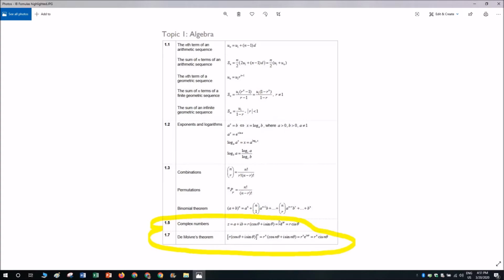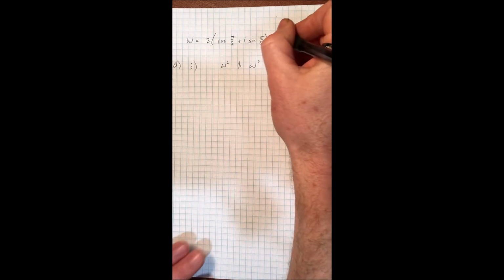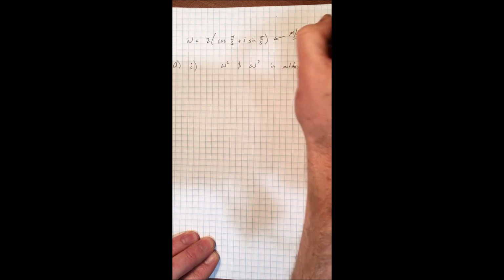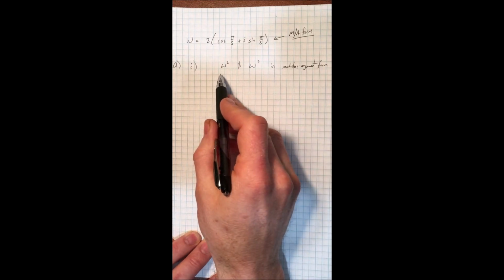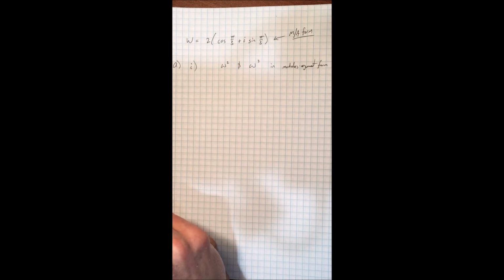So getting back to our problem, the expression they gave us to start with is in modulus argument form. That's what we're looking for. If I'm going to do W squared and W cubed and write it in that form, the easiest way is to use De Moivre's theorem.